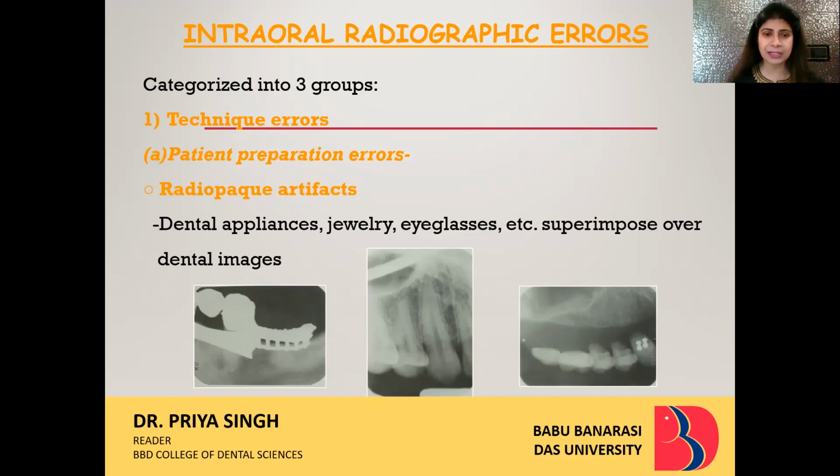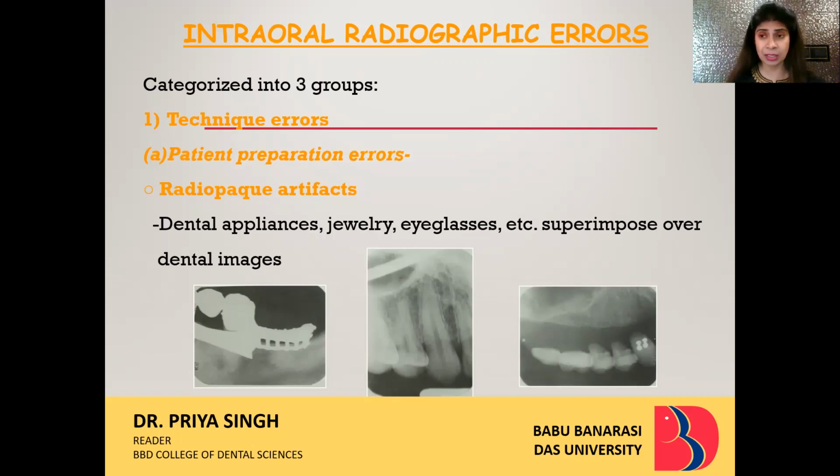Thus, it's usually said that the preparation of the patient before taking the radiograph is very important. Once the radiograph is advised and the patient is made to sit on the dental chair where you'll be taking the radiograph, first of all, appliances in the patient's oral cavity which might cast an impression in the final radiograph should be removed.